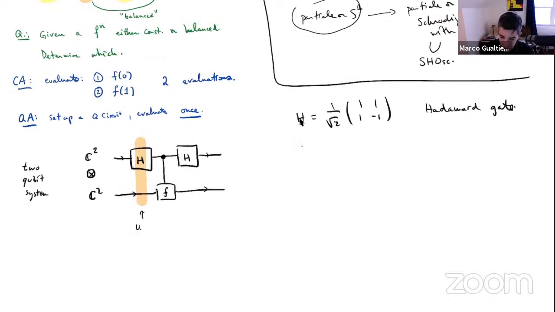This is the unitary operator H tensor 1. Then the next step, and there's another one of these here at the end. So this means that we have C2 tensor C2, we have H tensor 1. This is in more standard mathematical notation.